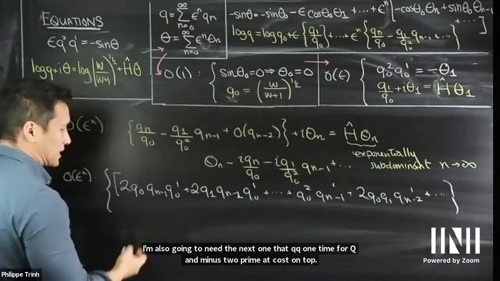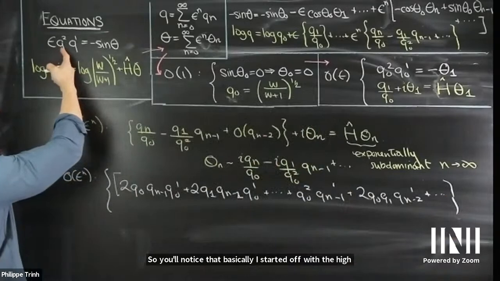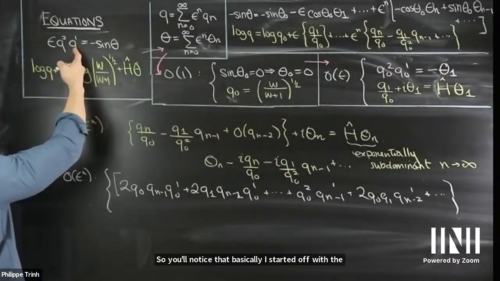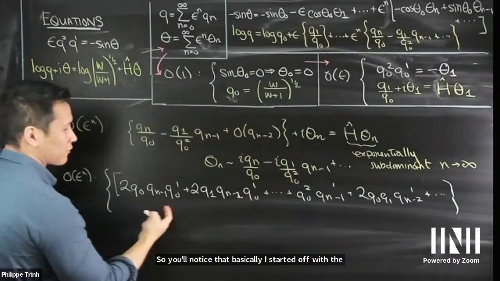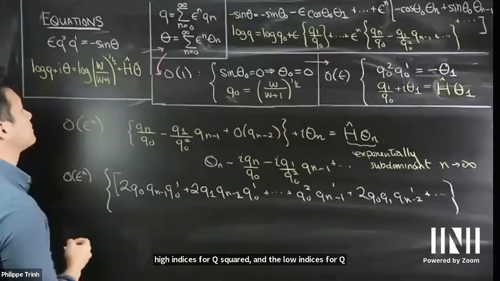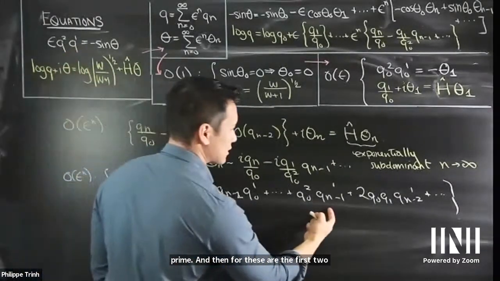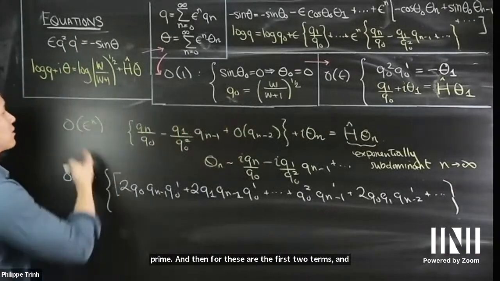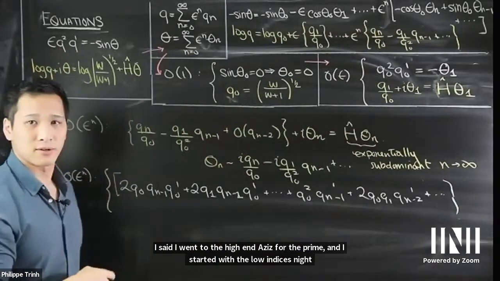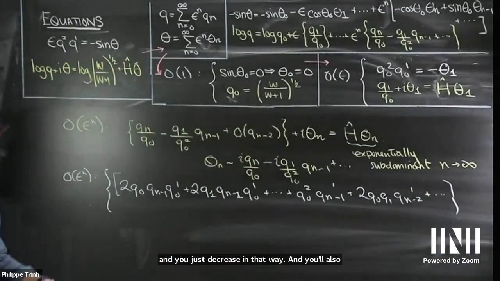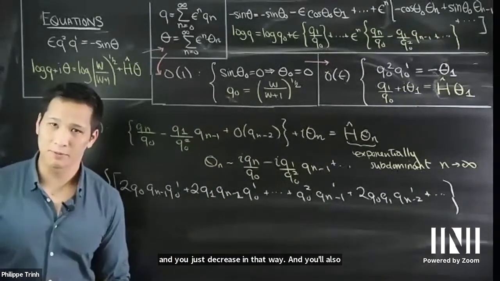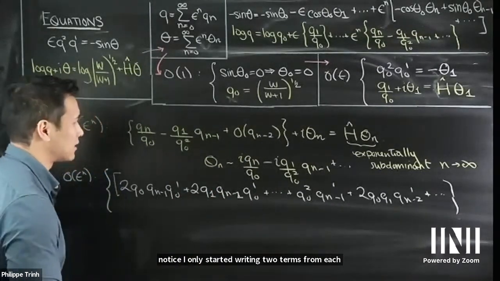So you'll notice that basically I started off with the high indices for q squared and the low indices for q prime, and then these are the first two terms, and then I went to the high indices for the prime, and I started with the low indices, and you just decrease them in that way. And you'll also notice that I only started writing 2 terms from each, because I only think there's going to be 2 terms that I need.